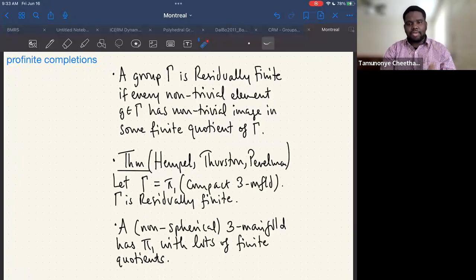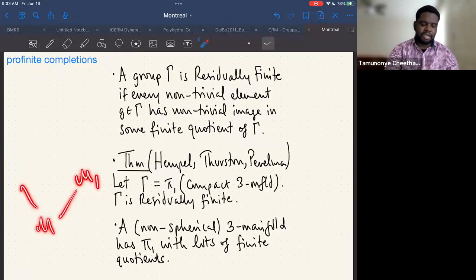In particular, Nathan told us last week this theorem of Hempel, building on the geometrization theorem, that when you take the fundamental group of a compact three manifold, this group is residually finite. And so in particular, for your three manifold you will have lots of finite sheeted covers.